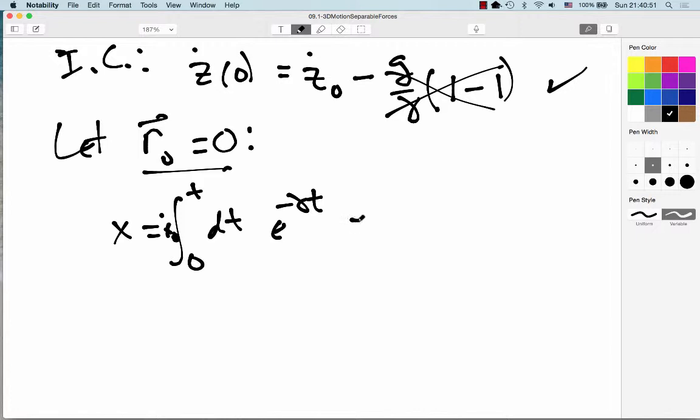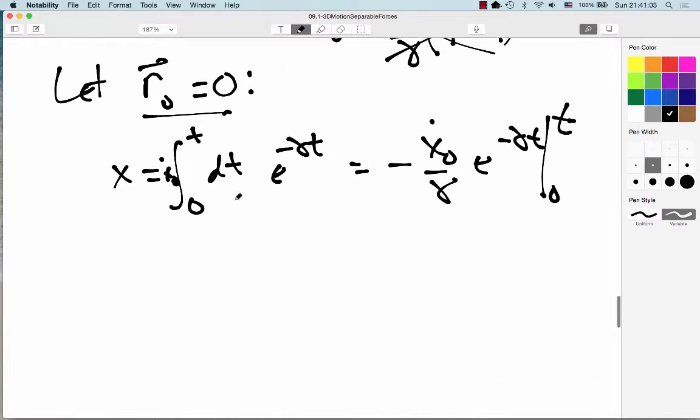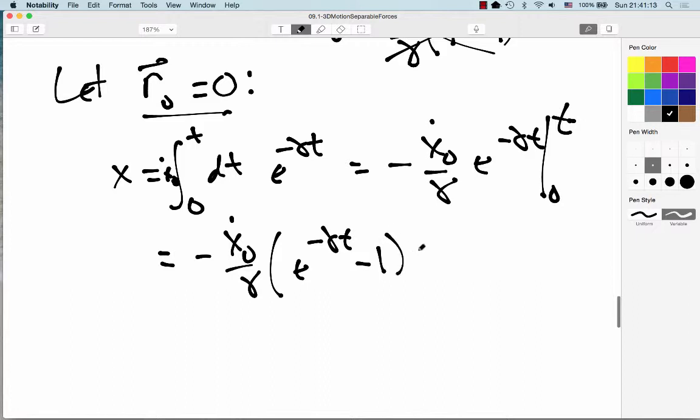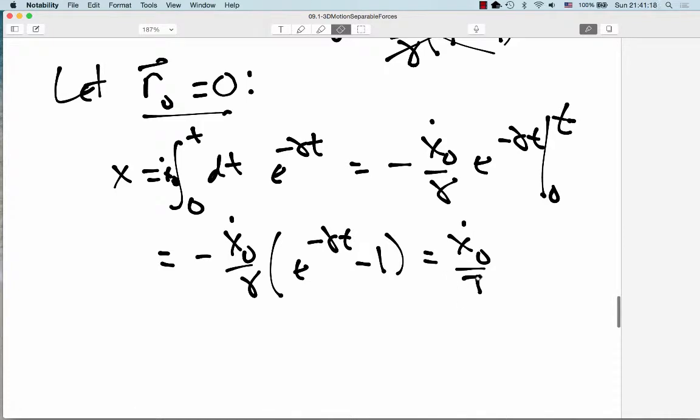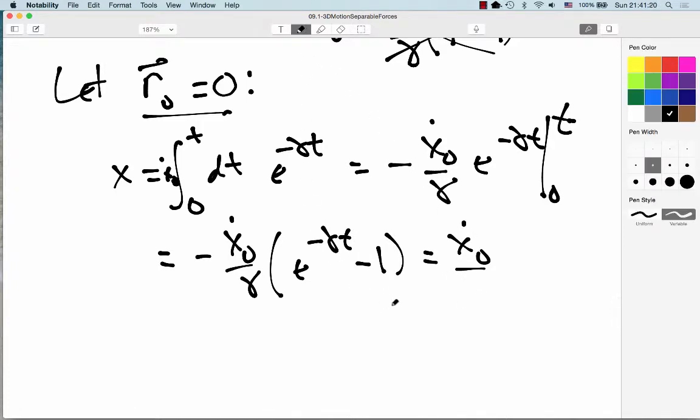Integrating that gives minus x naught dot over gamma e to the minus gamma t, evaluated from 0 to t. So that will be minus x naught dot over gamma times e to the minus gamma t minus 1, or x naught dot over gamma times 1 minus e to the minus gamma t.